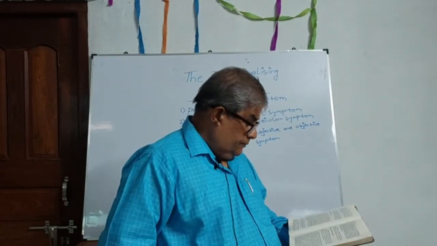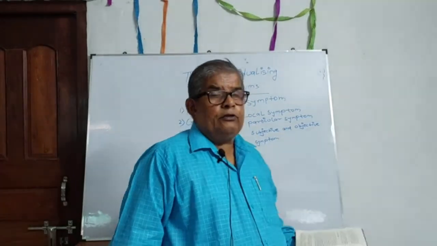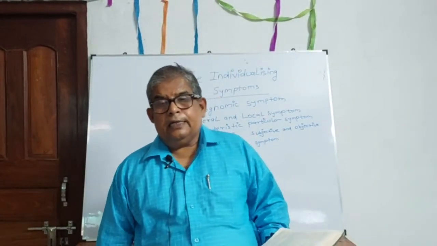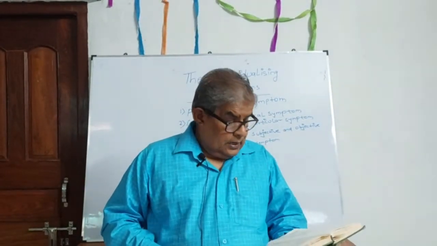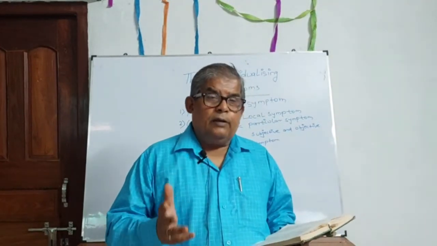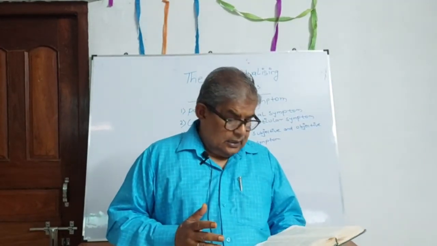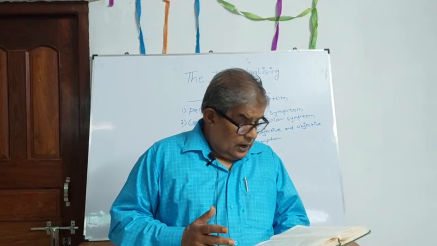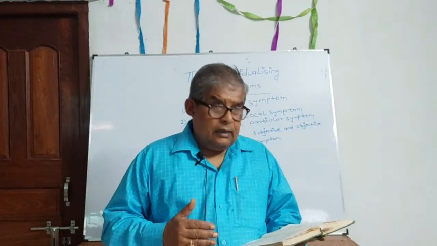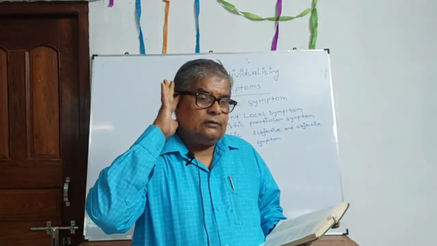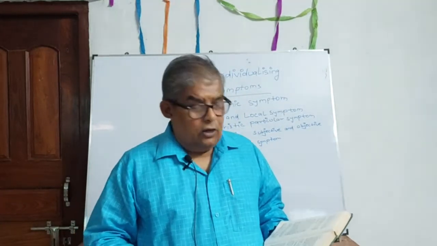As for example, in case of peritonitis, peritonitis क्या है? It is inflammation of the peritoneum. The two medicines very commonly indicated are Secale cor and Arsenic. Here, how to differentiate whether it is Secale cor or Arsenic?